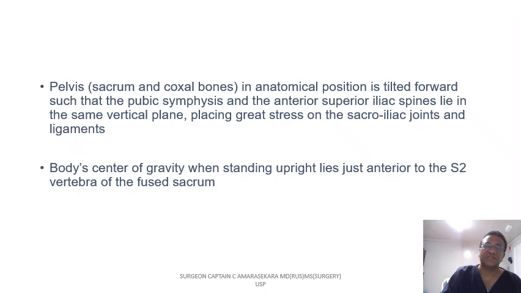Now, consider the body's center of gravity. When we stand upright, it lies just anterior to the S1 vertebra of the sacrum. This positioning allows for efficient weight distribution and balance, especially during locomotion.